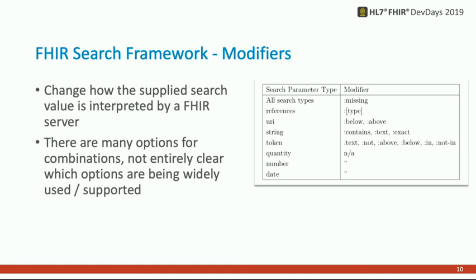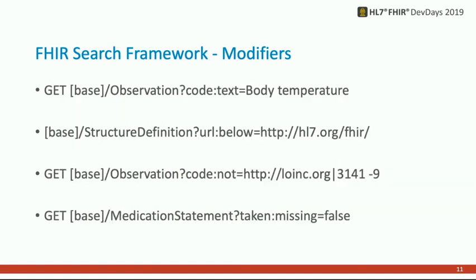Most often, really, in production, I've only seen the text modifier. What is also quite useful is that you could use a not modifier to negate the meaning of the search request, which can only be done for tokens.